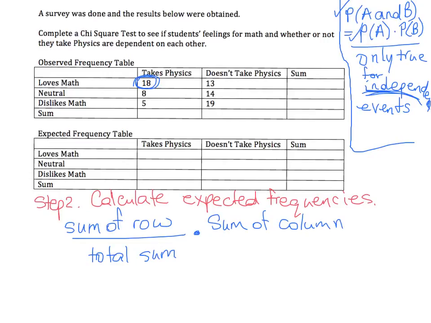All right, so first of all, we need sums for each row and each column. As I'm filling them in, make sure you're using your calculator and agreeing with everything I'm adding up here. The sum of 18 and 13 should be 31. The sum of 8 and 14 should be 22.